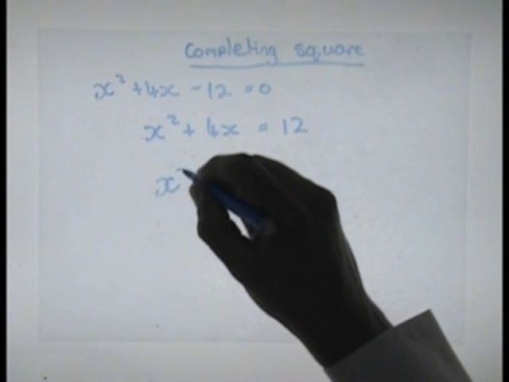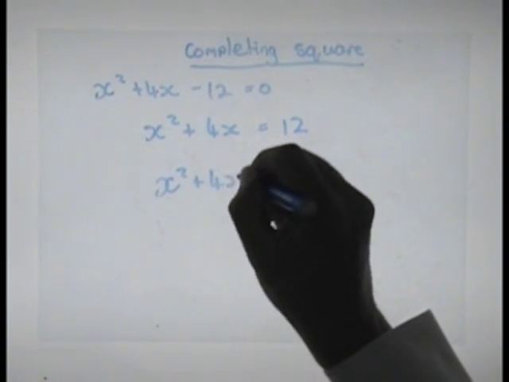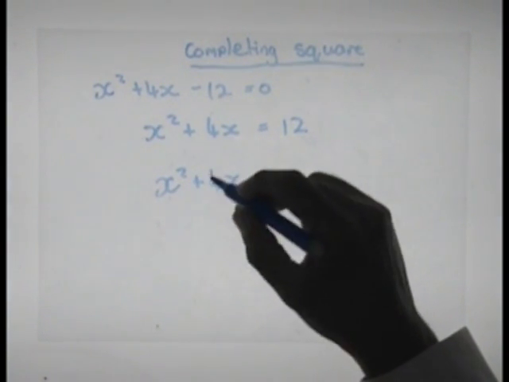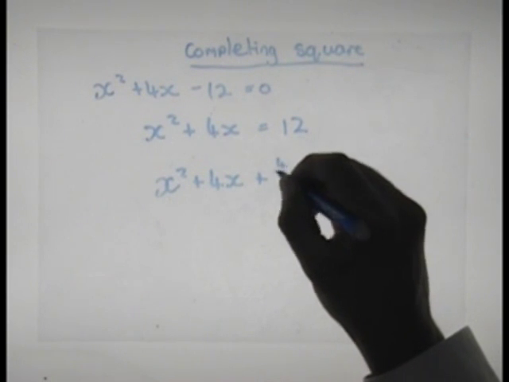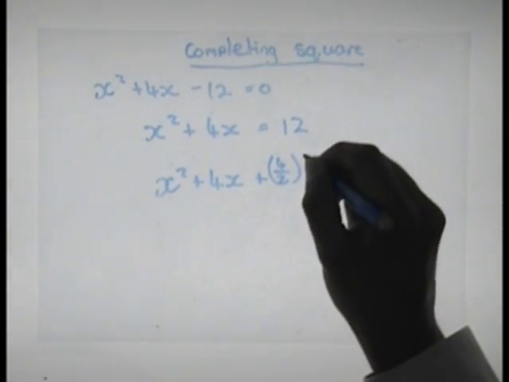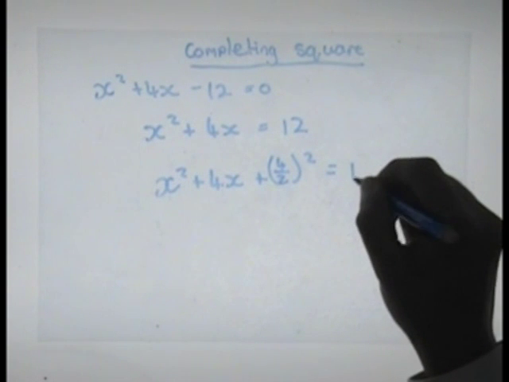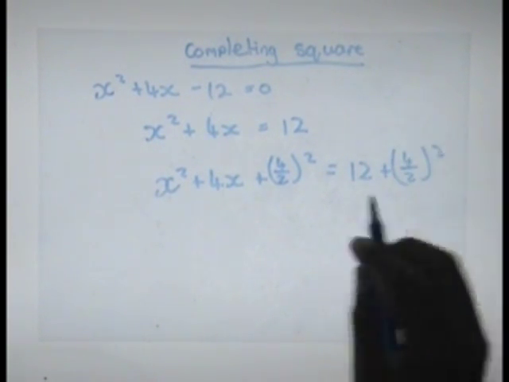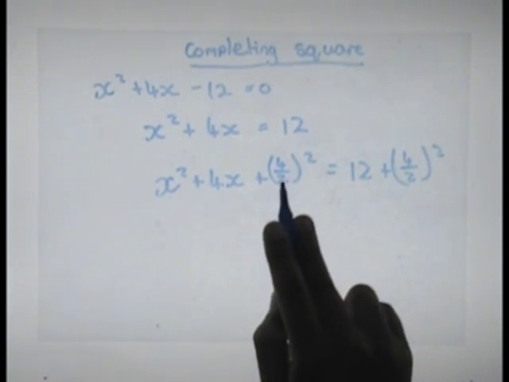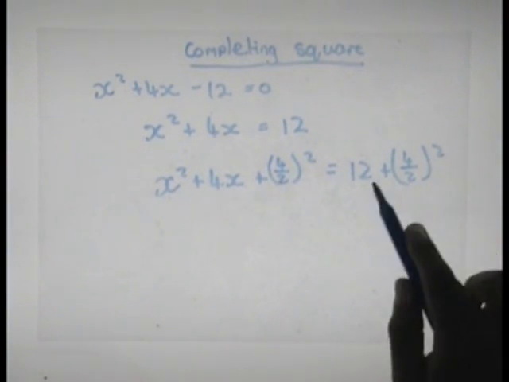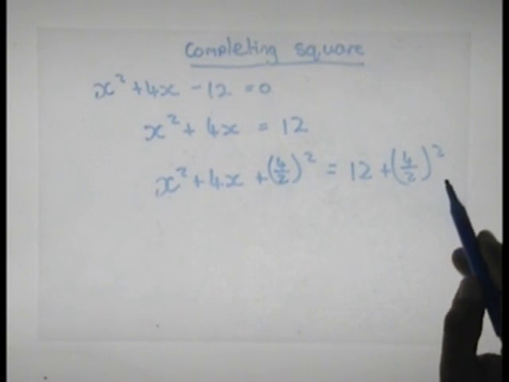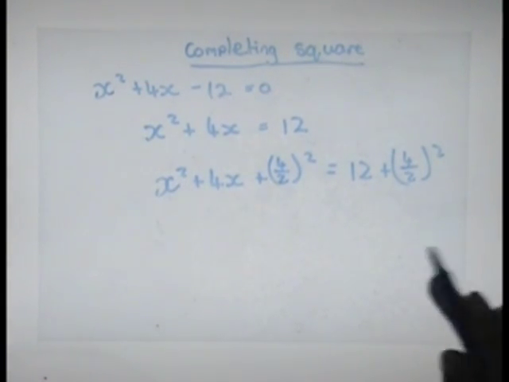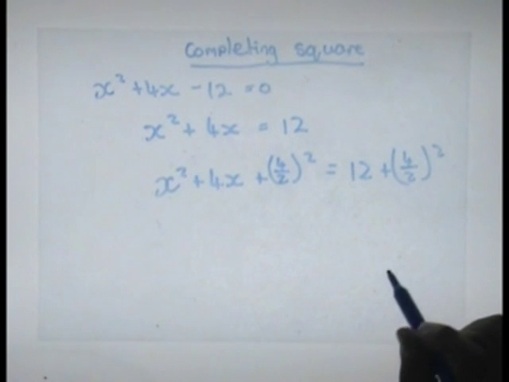I'm then going to say x squared plus 4x plus 4 over 2 squared is equal to 12 plus 4 over 2 squared. I added 4 over 2 squared to my left hand side. I'm going to add it to my right hand side. Golden rule of algebra: what you do to one side, you do to the other.